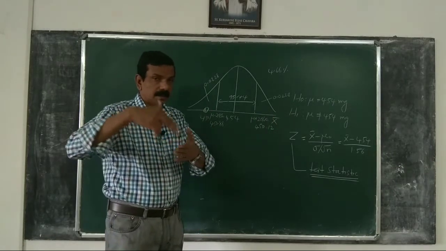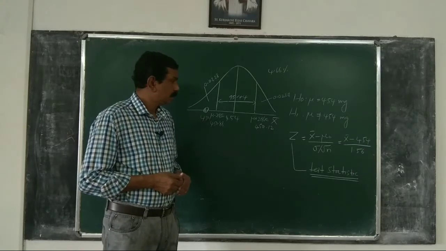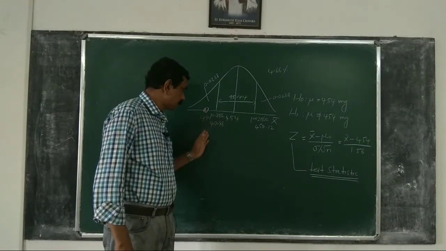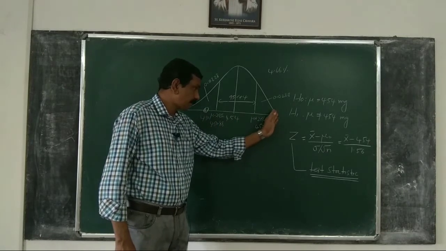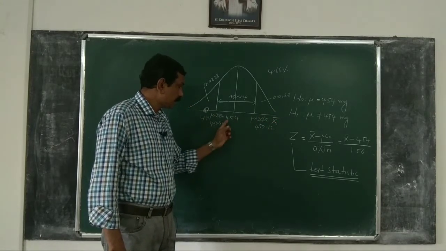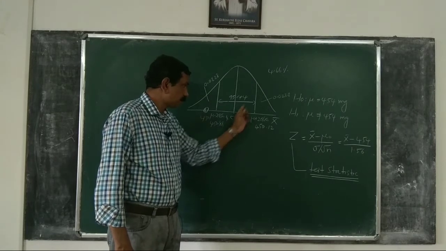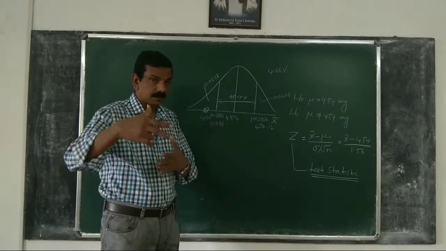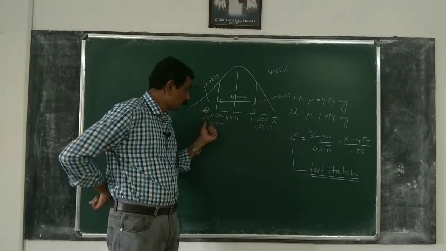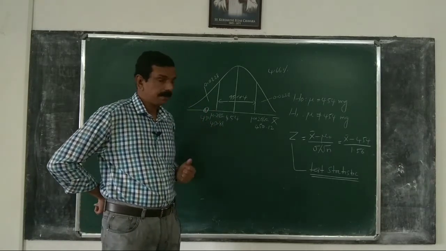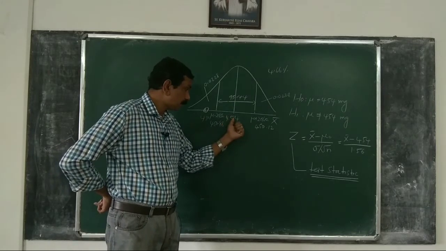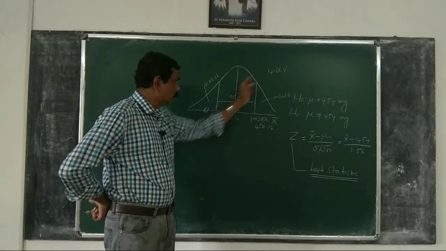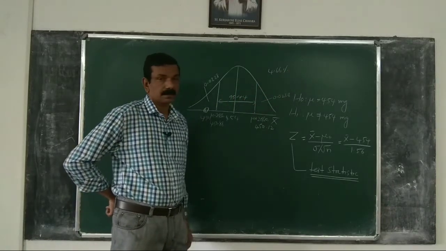When I reject the null hypothesis, what I mean is the probability that x bar is derived from a population with a mean 454 is only 4.66%. Of course, the sample might have been generated by a population with a mean equal to 454, but the probability is only 4.66%.